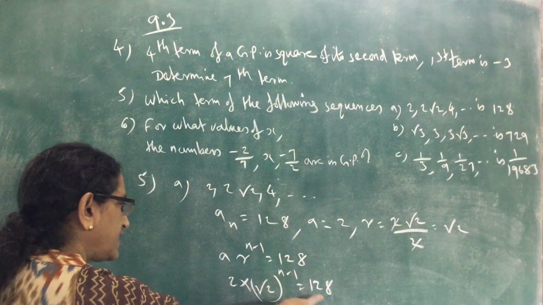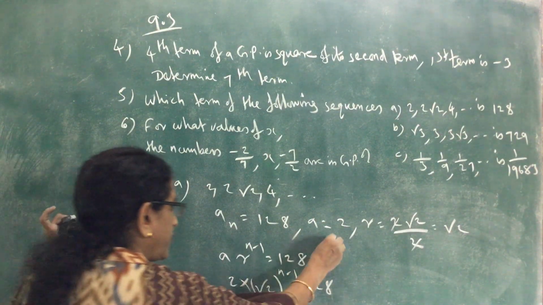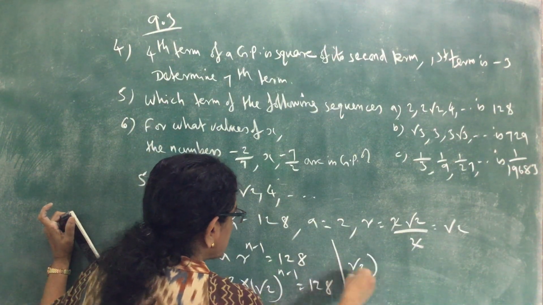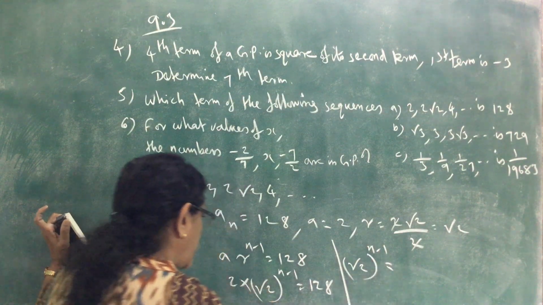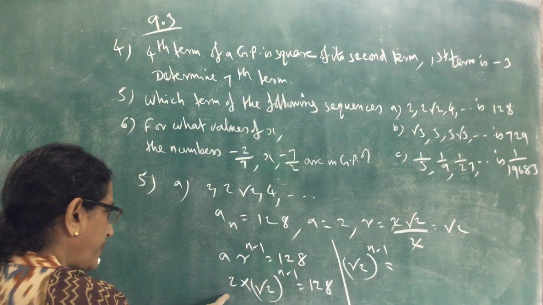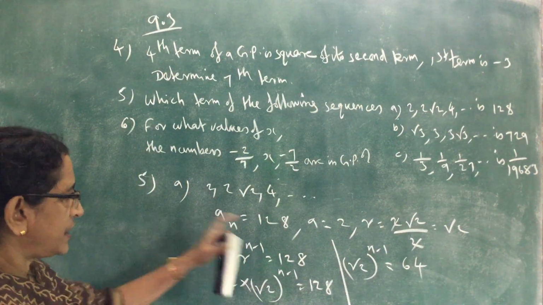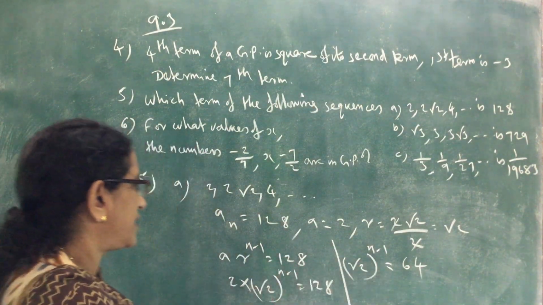Take 2 this side. So what we get? That is root 2 raised to n minus 1 equal to 128 divided by 2, that is 64. Now we have to find the n. What we have to do?